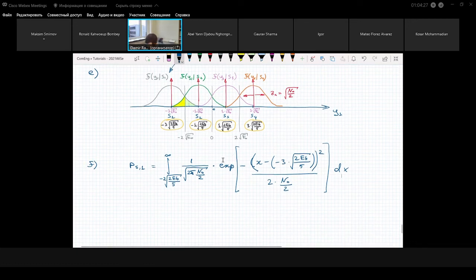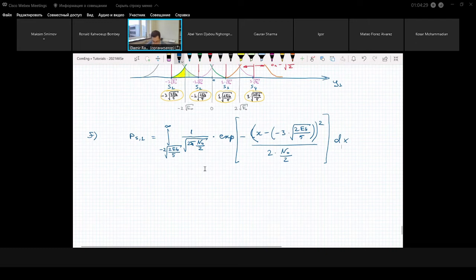And now we need to represent this expression as a complementary error function, so we have to substitute some parts and rewrite this integral in order to match the formulation of the complementary error function.